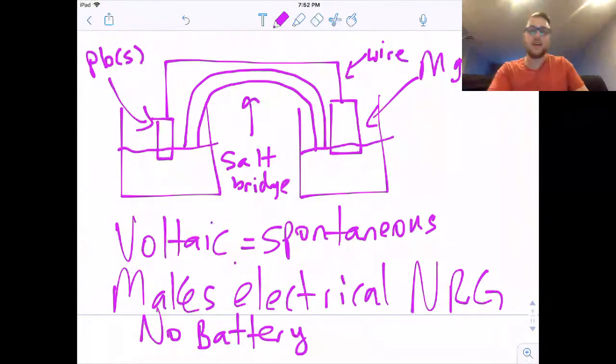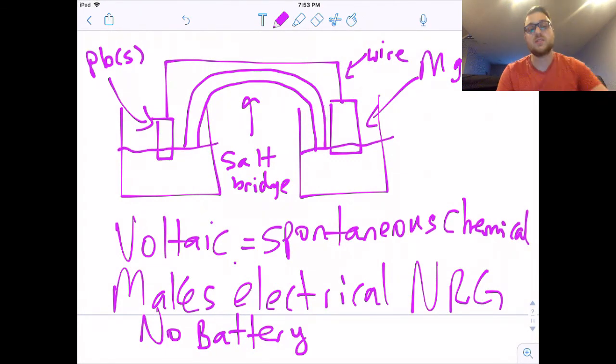And since you don't input any energy for this to occur, as soon as you connect them together like this, they will generate that power. We call that spontaneous. So all voltaic cells are electrical energy producing spontaneous chemical reactions. So keep in mind that this is a spontaneous chemical reaction, because these are chemicals reacting with each other to form something new.